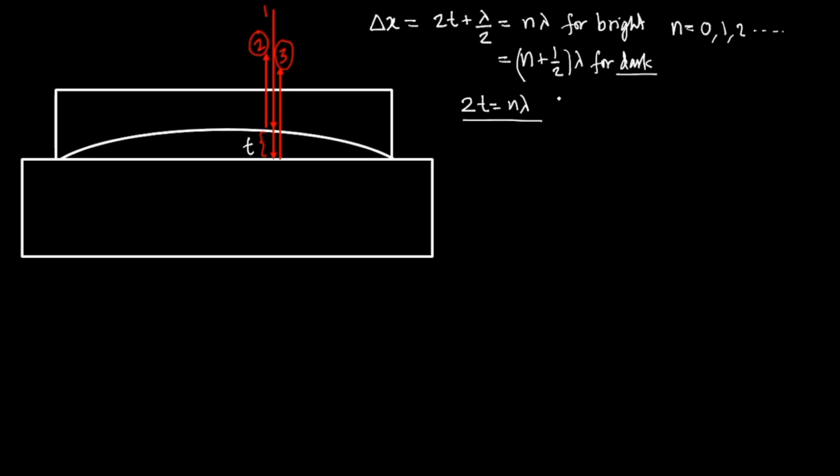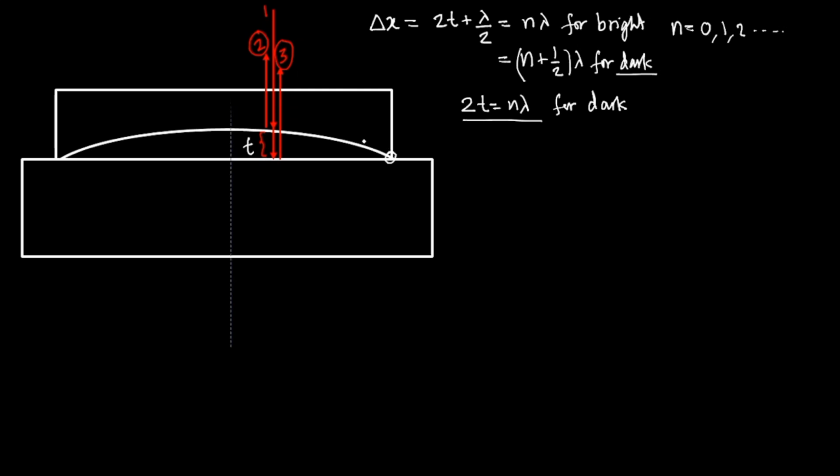Now from here you can very easily see that if n is 0, that means it is a dark fringe, and for n equal to 0, t is equal to 0. That means this edge gives you a dark fringe.